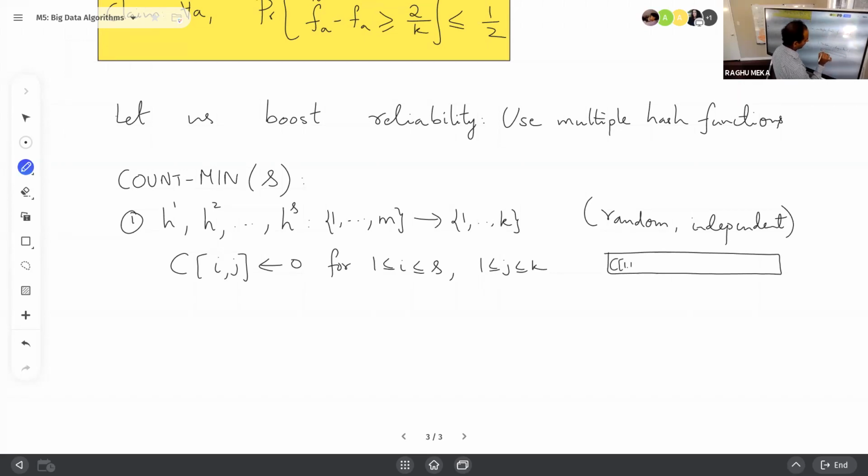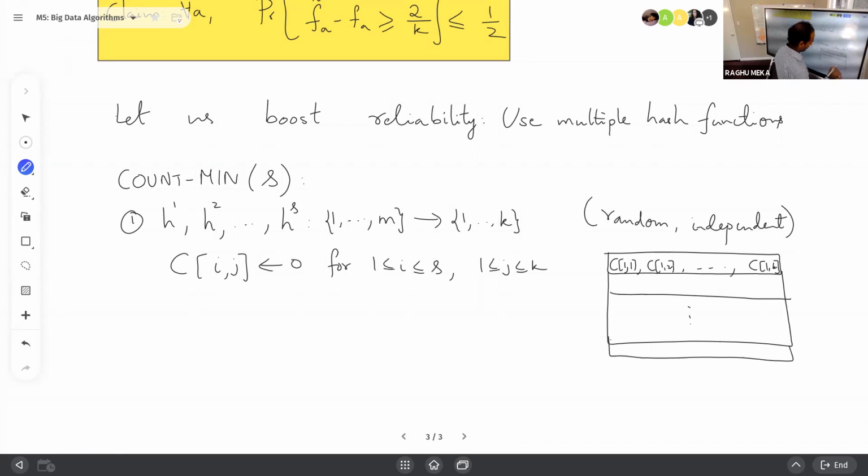So this is C11, C12. Instead of just keeping k counters, now we have k times s counters, k counters for each hash function.